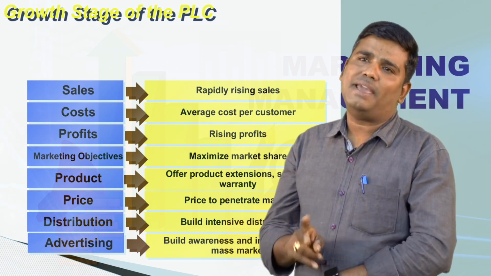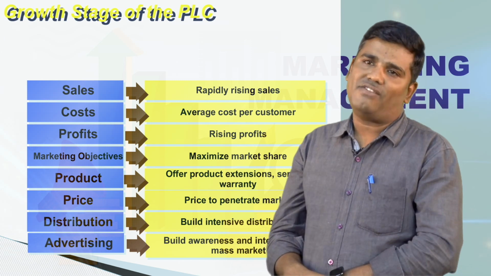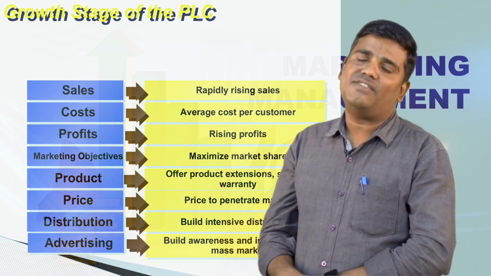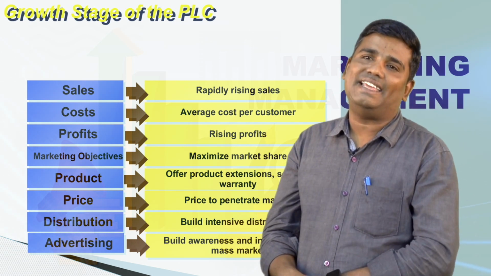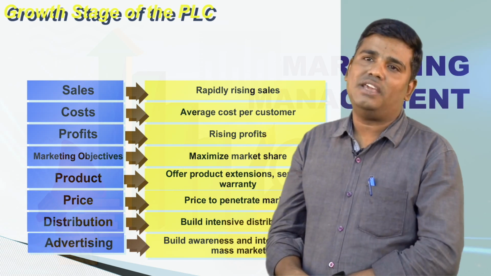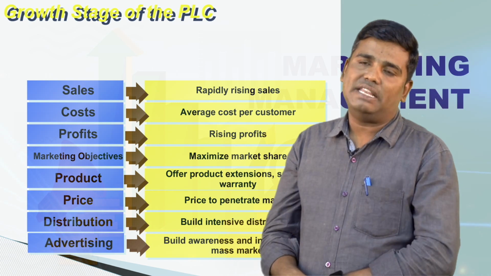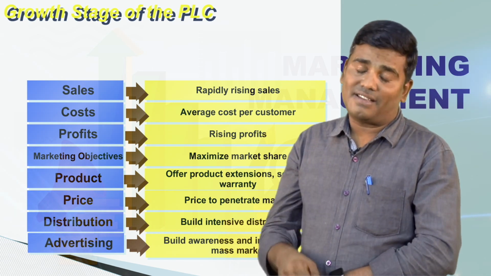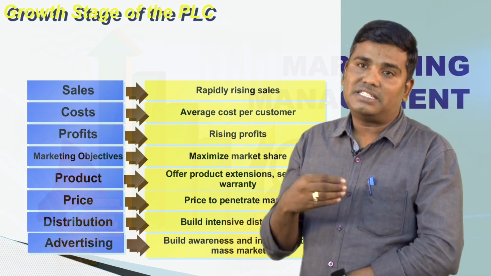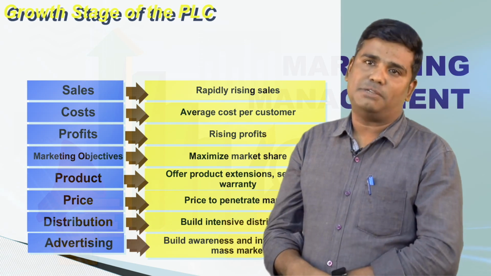When they compare quarter-wise sales, the sales itself clearly indicate the product is gradually moving upward or developing inside the market. That is, gradually the customers have started accepting the product.